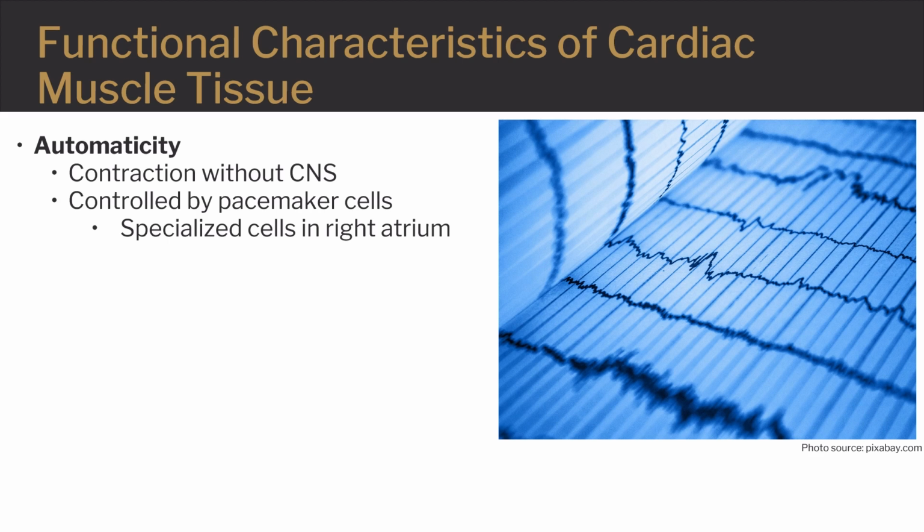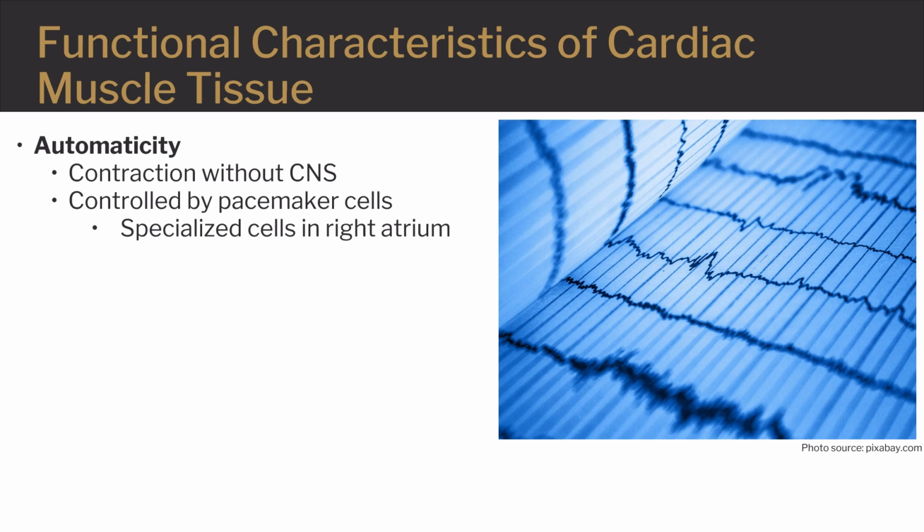There is also another bunch of pacemaker cells, located inferior to the SA node, called the atrioventricular node, AV node. The AV node cells start an action potential after the SA node has already sent its electrical signal to contract. If for some reason the SA node fails to cause the heart to beat, the AV node can take over.